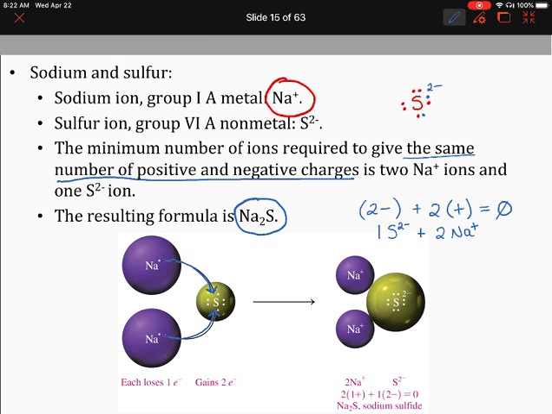So it's not going to lose any more electrons. So then sulfur has to go to a different sodium atom in order to gain another electron. And again, we end up with 2 positively charged sodium ions and 1 negatively charged sulfur ion. And their charges all balance. And then we would call this compound sodium sulfide, and we'll get into naming later on as well.